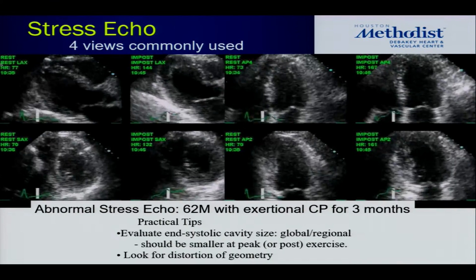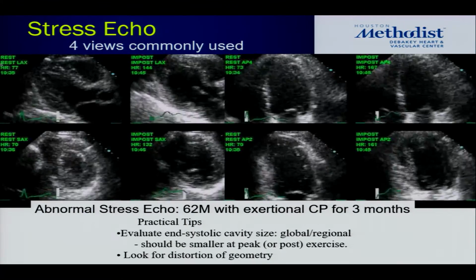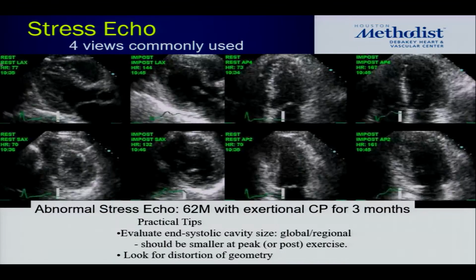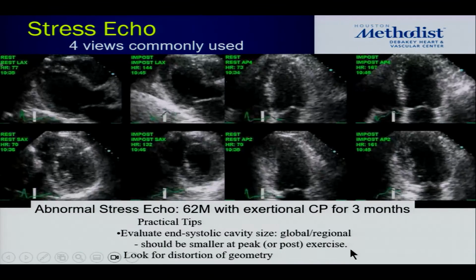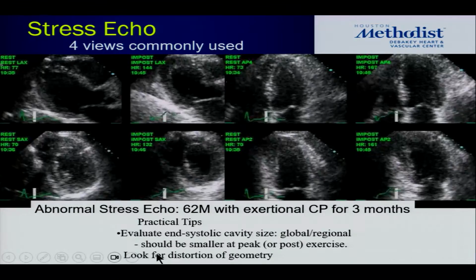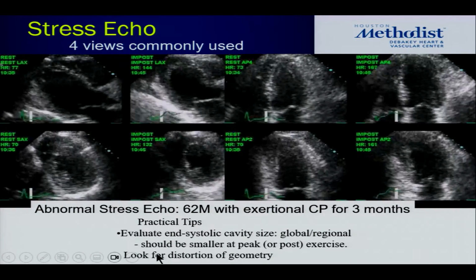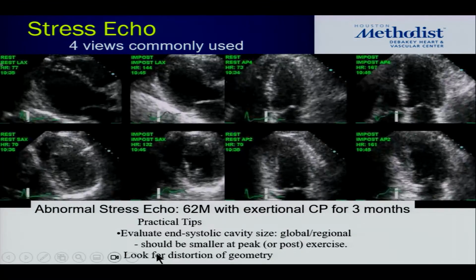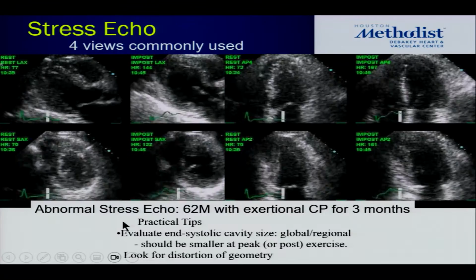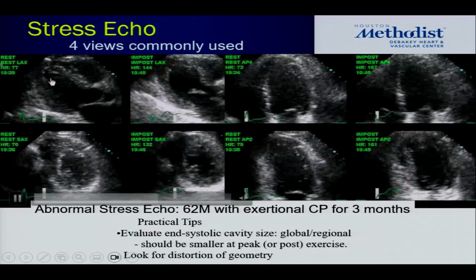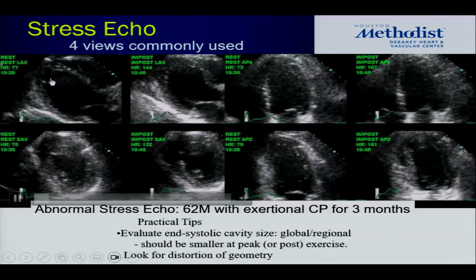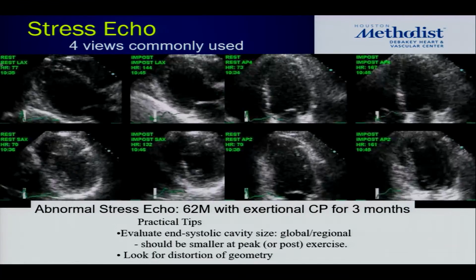So here we have a positive patient, and in many of the examples that I'm going to show you, I'm going to continue to have these little practical tips, because I think this is the key for learning how to assess wall motion during stress. So here we have a heart that is normal. This was a patient that presented with 3 months of what sounded like fairly typical angina with effort.